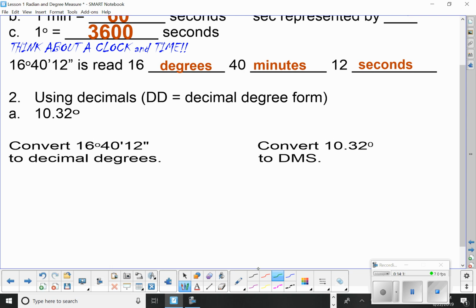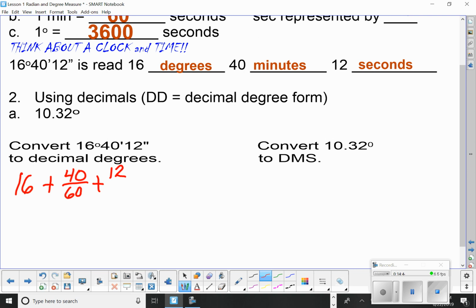So if I start doing this, I have 16 degrees. And then I have 40 minutes. Well, 40 minutes is 40 pieces of a whole degree. So I have 40/60ths. And then I have 12 seconds, sorry, 12 seconds.